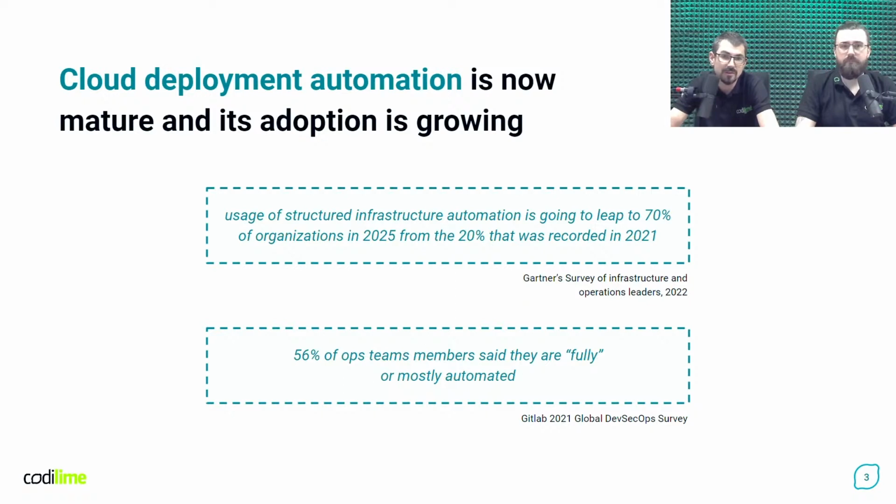Another survey with the DevSecOps community done by GitLab is proving that 56% of operational team members said that they are already fully or mostly automated. So as we see, cloud deployment automation is really there, and it's well adopted by the market.